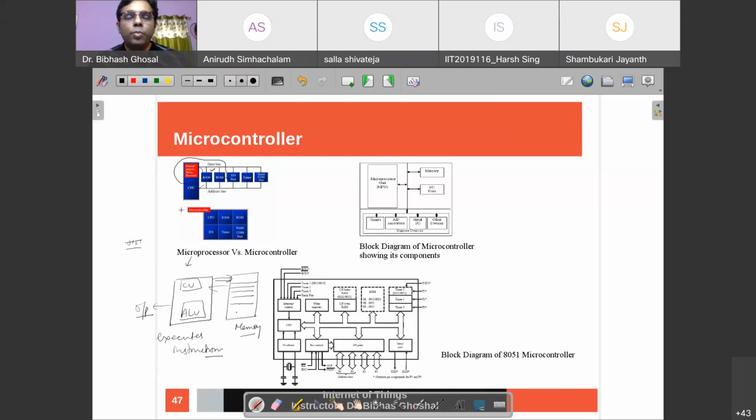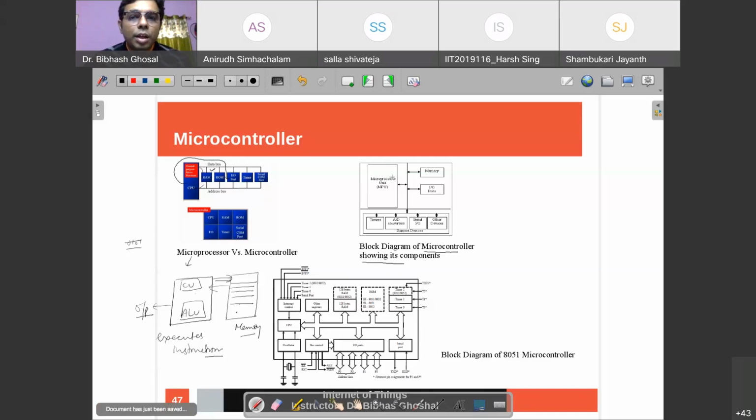Now people thought, well, why keep the memory and everything outside? Can I have a chip that will contain the memory? Can I have a chip that will contain the IO, etc.? And can I build one single block that will contain everything instead of having separate chips? Because that increases the size. Then they said, fine, that's what you call a microcontroller. So people devised this.